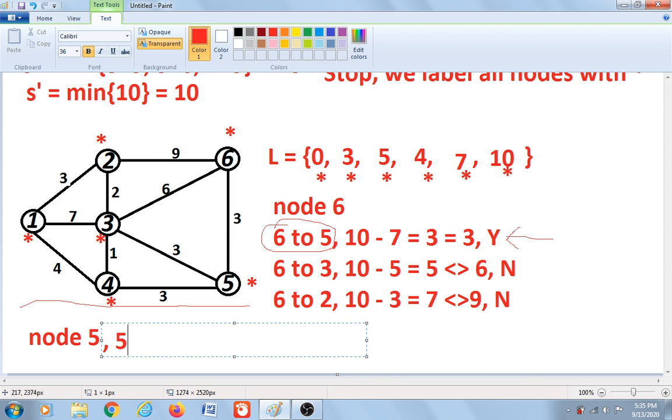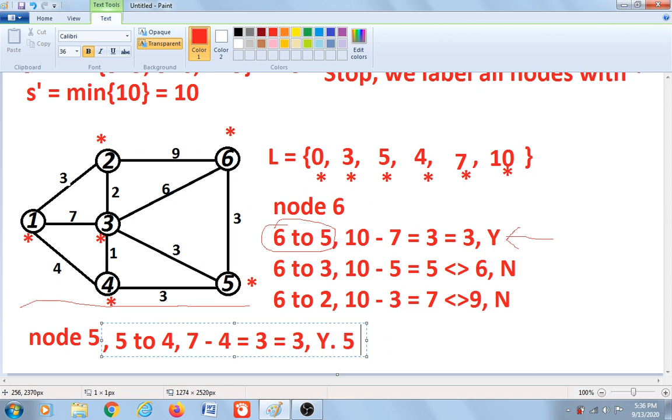So 5 to 4, what is the distance? This is 5 and this is 4. 7 minus 4, that is 3. What is the actual distance from 5 to 4? It is 3. It is the same, so it is a yes.